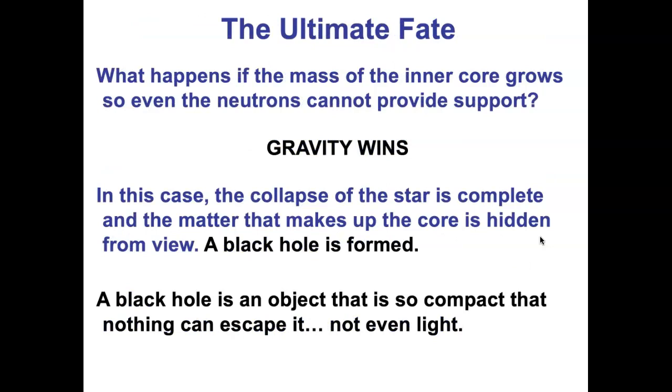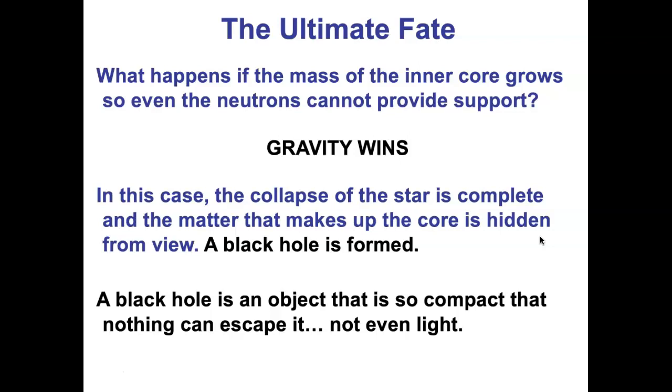That's the story for stars that are up to 20 solar masses. If a star is born with between 8 and 20 solar masses, it is destined for the core to collapse into a neutron star and the rest of the star to explode as the supernova. If the star is born with over 20 solar masses, gravity wins completely.